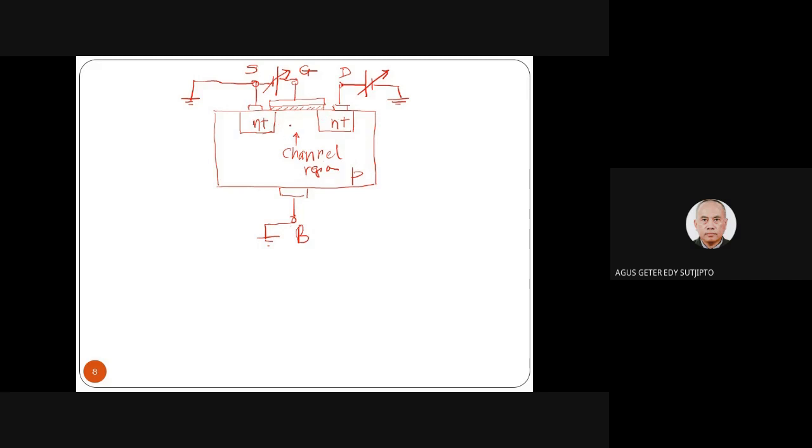So when the channel region is created, initially we increase the DS, the channel region is created like this, and then like this. So this is the creation of the channel region, and then we can have an electron flow here.